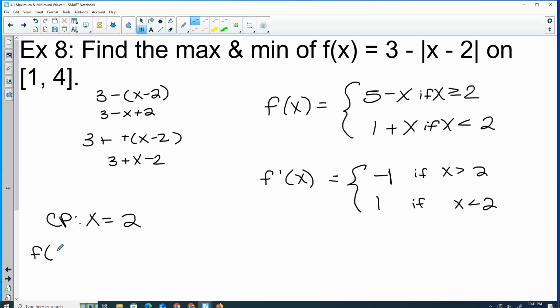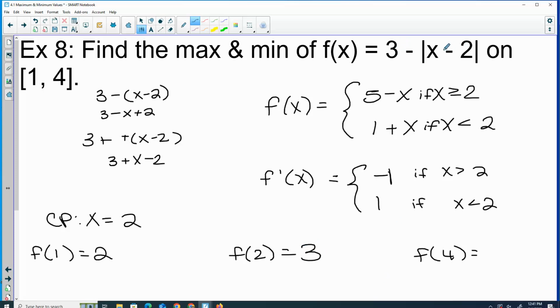Okay, so now this time I did ask for the actual max and min, so what do we do? I have to put in my endpoints and my critical points. So I have to put in 1, 2, and 4. If we put in 1, it's the absolute value of negative 1, which is 1, 3 minus 1 is 2. If I put in 2, 2 minus 2 is 0, so the absolute value of that is 0, we get 3.